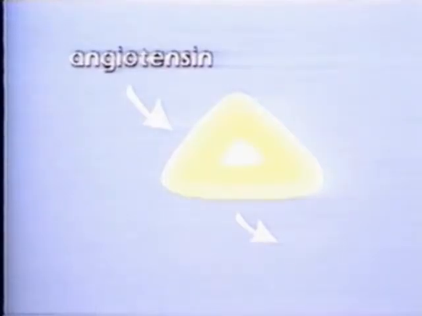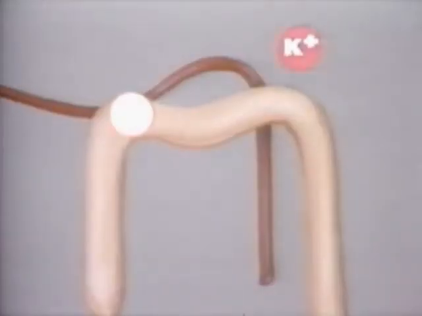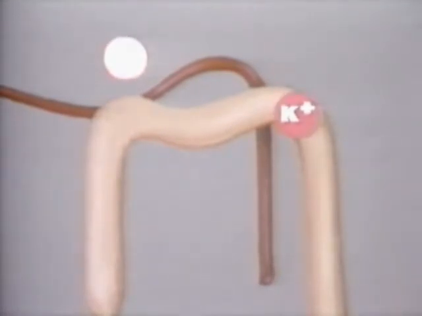The decrease in blood pressure in the glomerulus indirectly causes the release of renin. Renin eventually causes angiotensin formation, which in turn stimulates the adrenal cortex to release aldosterone. Aldosterone stimulates the distal tubules of the nephron to reabsorb sodium, a positive ion, and to secrete potassium.